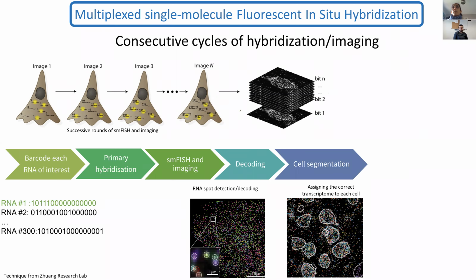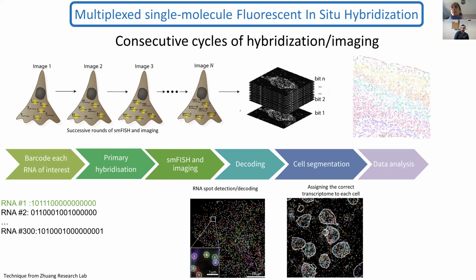The goal here is to assign the correct transcriptome to each cell. This is a classical segmentation. You can segment a cell if you label the nuclei of the cell, or if you label, for example, the membrane.